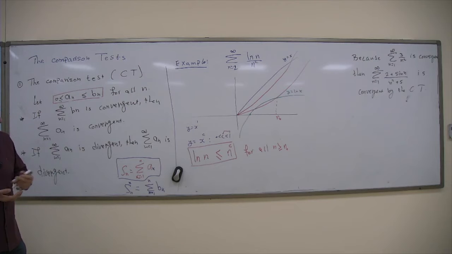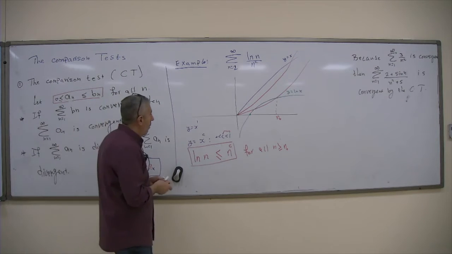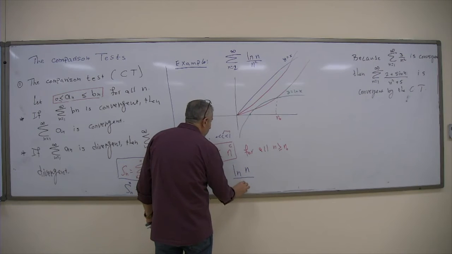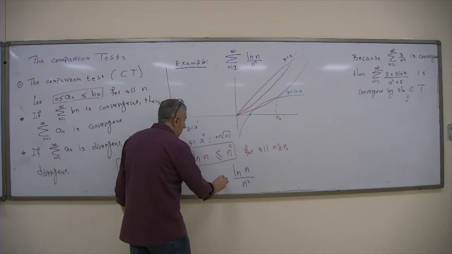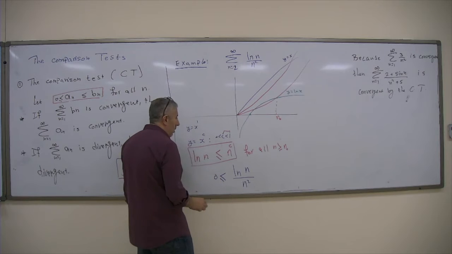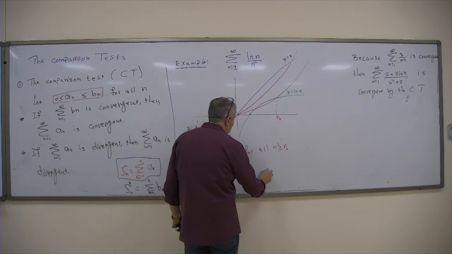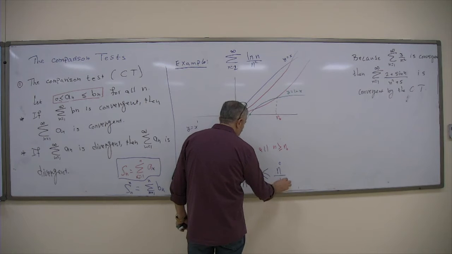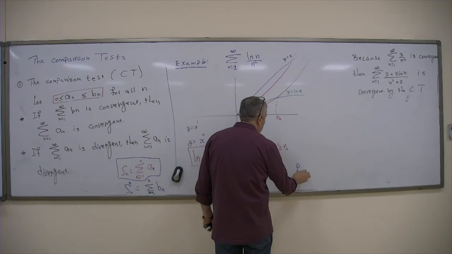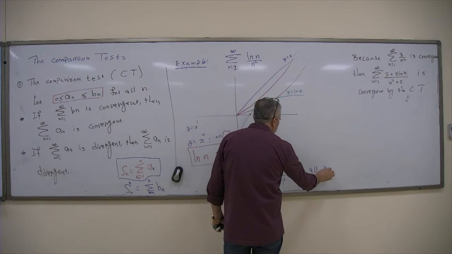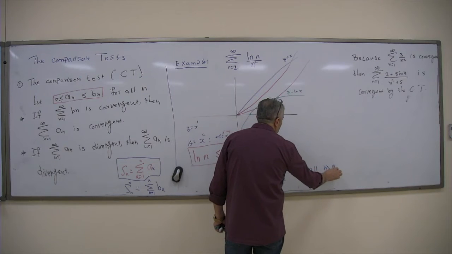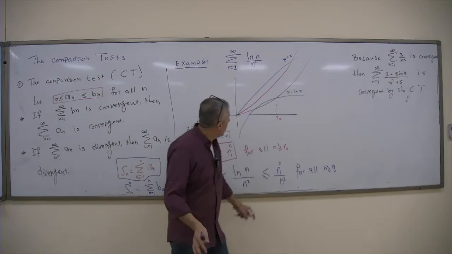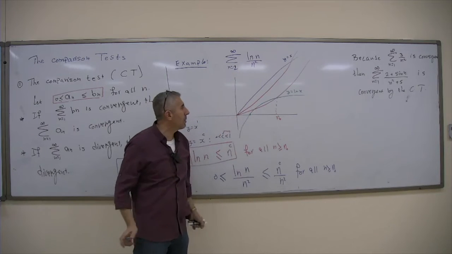So what does that tell you? It tells you that ln n over n squared, this is positive, larger than or equal to 0, and smaller than or equal to n exponent c over n squared for all n larger than or equal to n0. It could be 2, it could be 3, it could be 100, but it doesn't matter because you can always cut a few terms at the beginning.